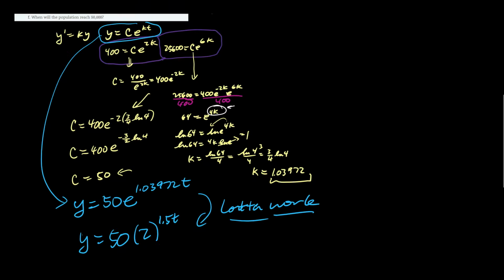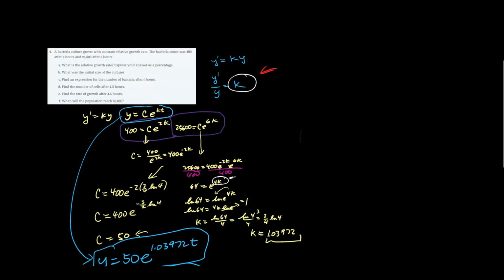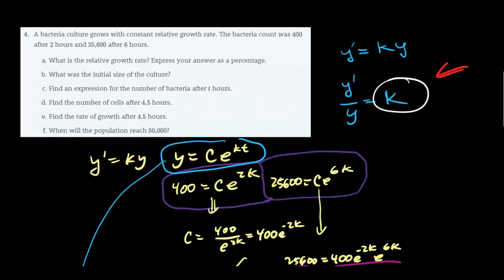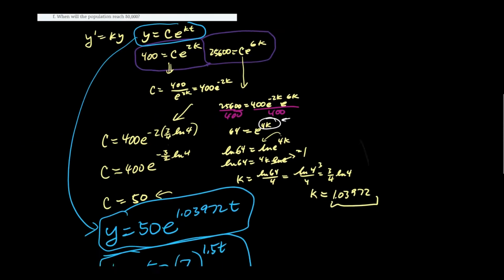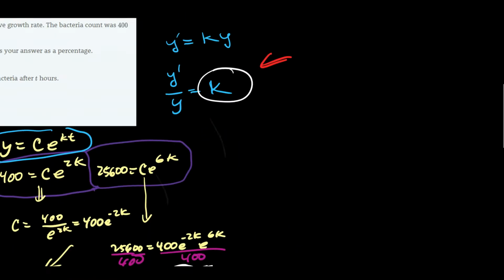So let's go back up to the problem and see what we need. The actual function, either one works. All right. Okay, so we found the relative growth rate. K is the relative growth rate.